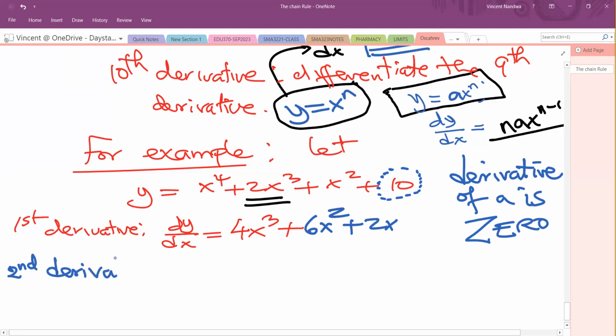So second derivative means you differentiate the first derivative. So it's written as d squared y dx squared. So this is d dx of the first derivative dy dx.